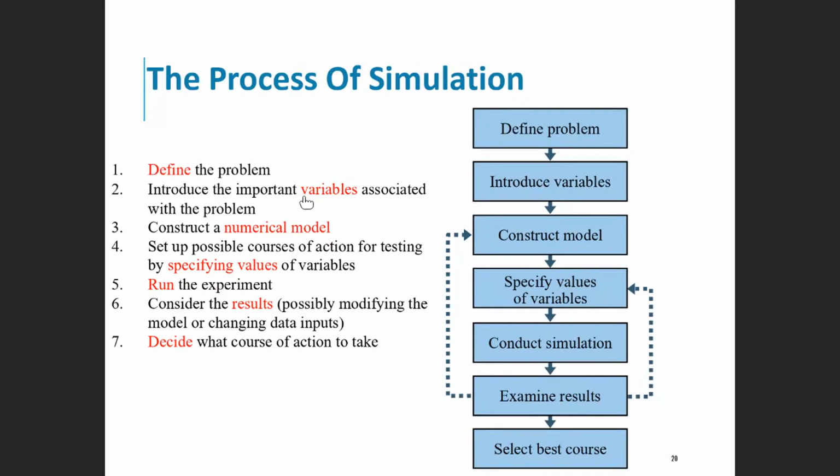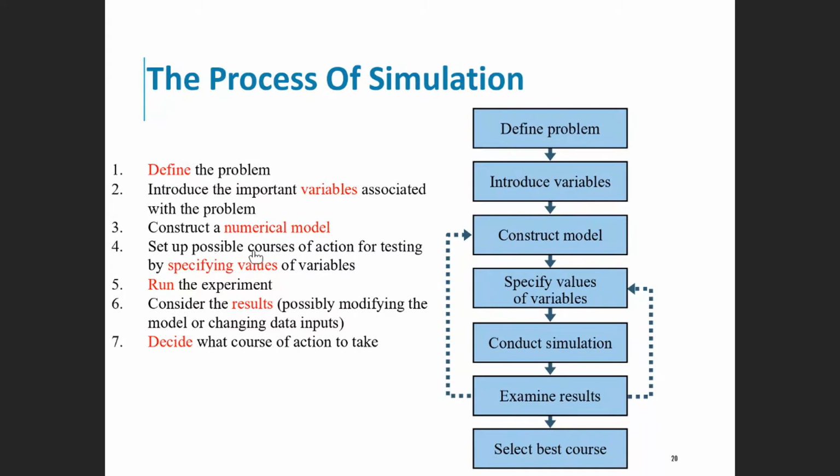Those important variables have to be identified and known. Construct a numerical model, and here the modeling starts, whether it's a numerical, mathematical, or numerical model using a computer or software application.